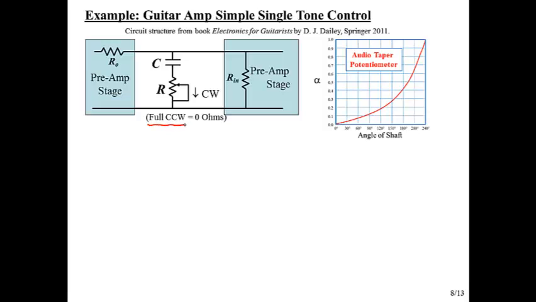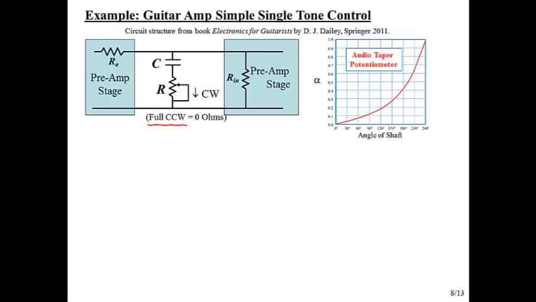When you have the knob fully counterclockwise, then this wiper is all the way up to the top, and you're bypassing the resistor. So fully counterclockwise is 0 ohms for the resistance, and then as you turn it clockwise, you're bringing this wiper down farther, and then you're getting whatever resistance is up at the top. So as you turn it clockwise, you get more resistance.